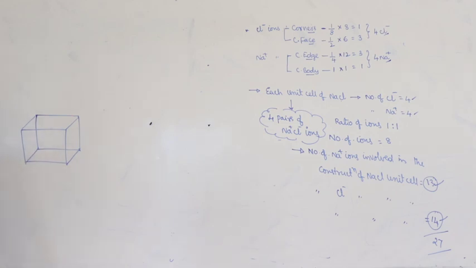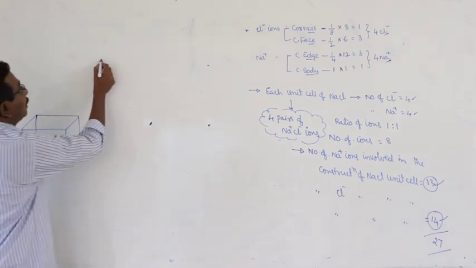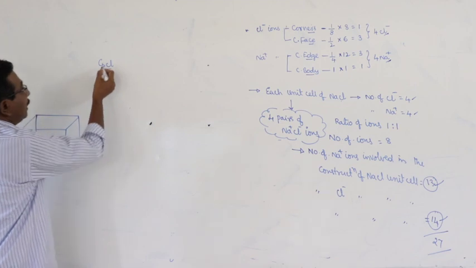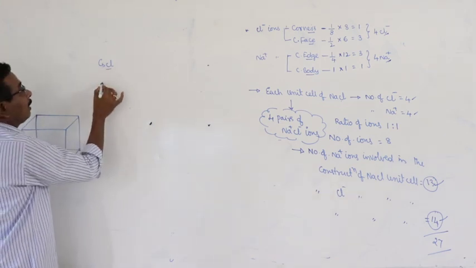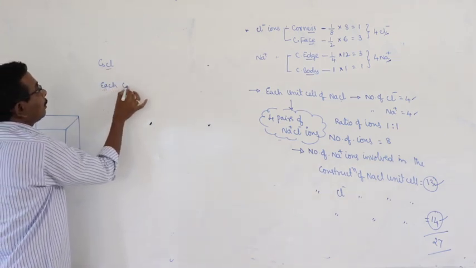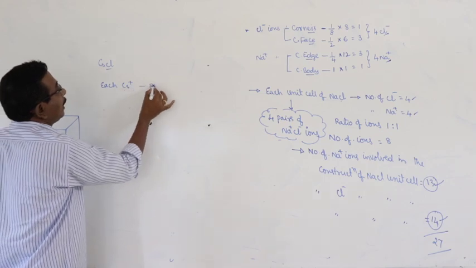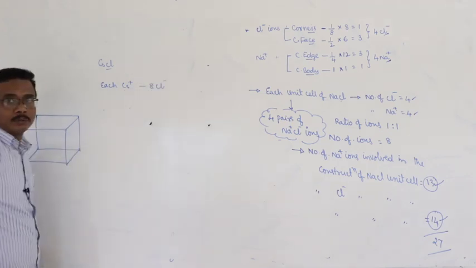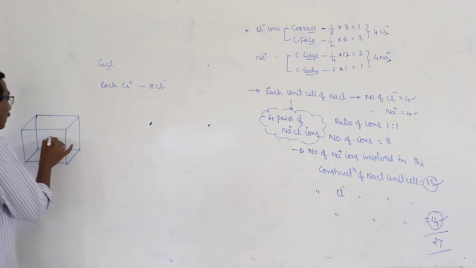Suppose this is cesium chloride crystal. In cesium chloride crystal, each Cs plus ion is surrounded by 8 Cl minus ions. How?